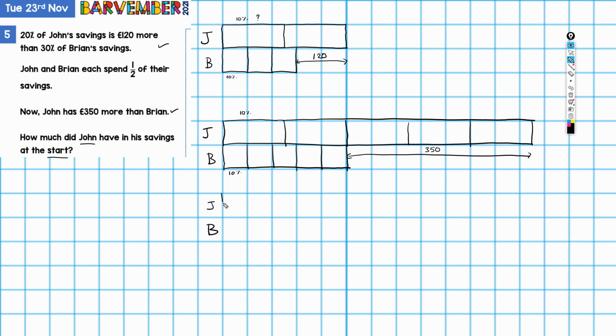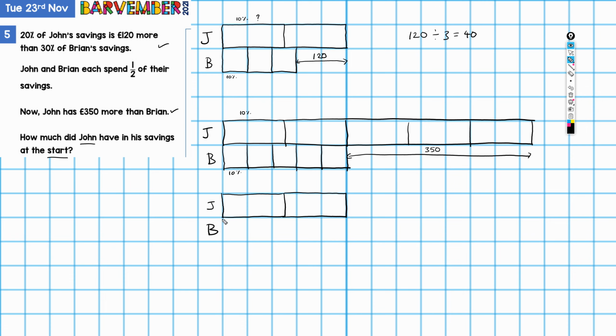And then if I draw in, so this is John's 20%. We can redistribute this 120 over the 3 portions. Okay, so 120, so we need 120 divided by 3, which gives us 40.